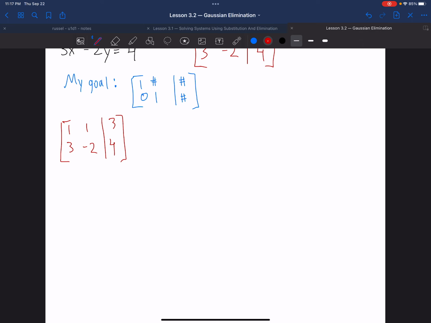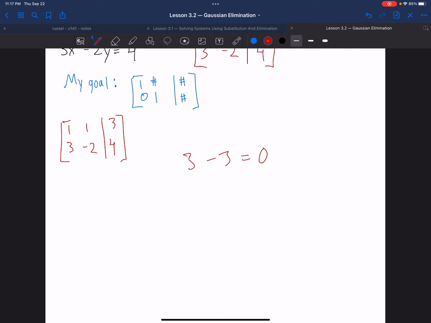And I'm still going to use the idea of elimination and additive inverses here. I need to make this 3 a 0, right? So 3 plus what equals 0? Well, I need to subtract 3, right? I need to get rid of 3 somehow. But you can't just subtract 3.